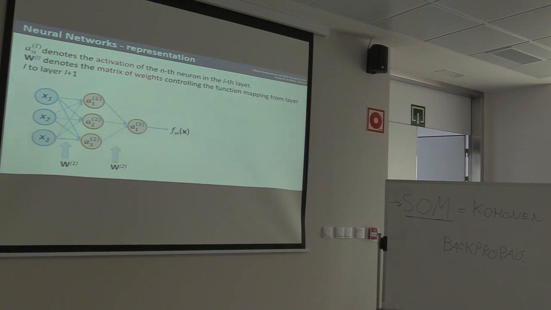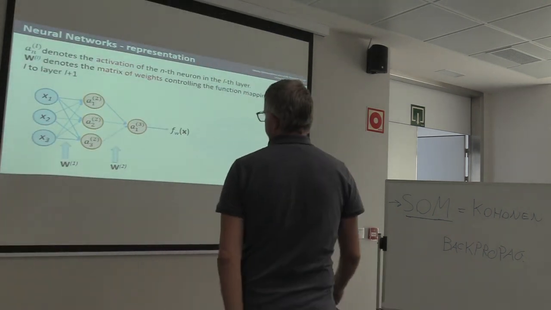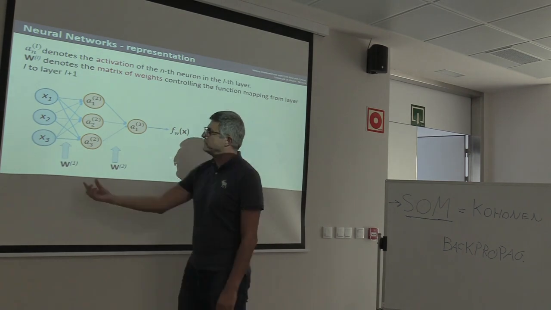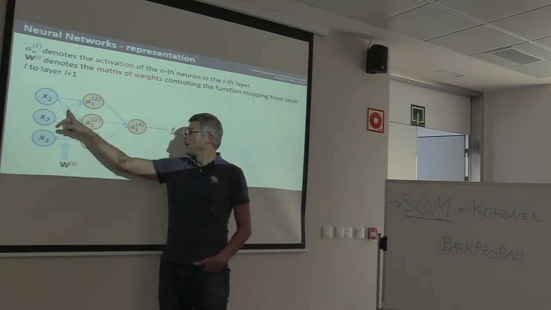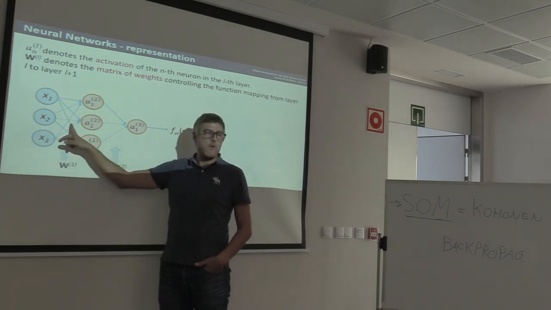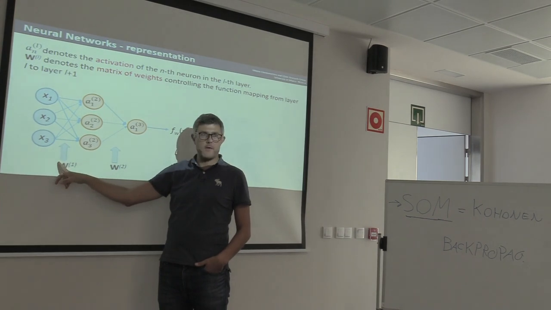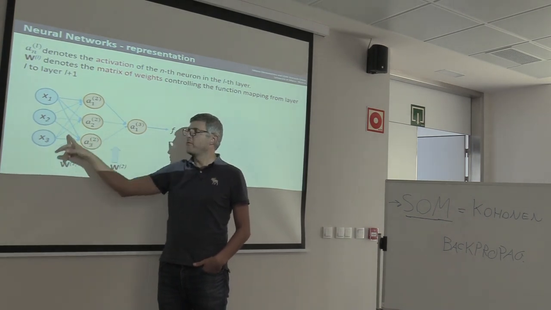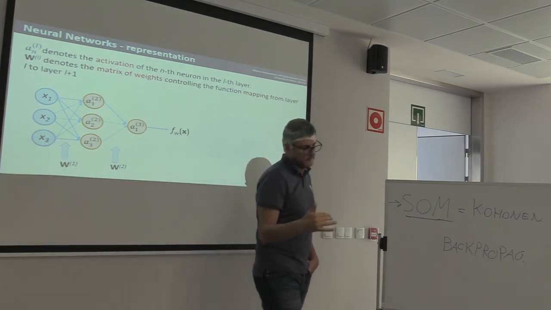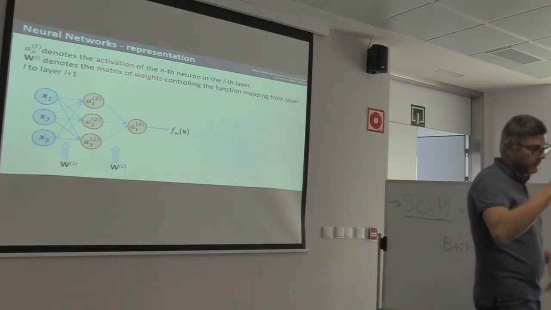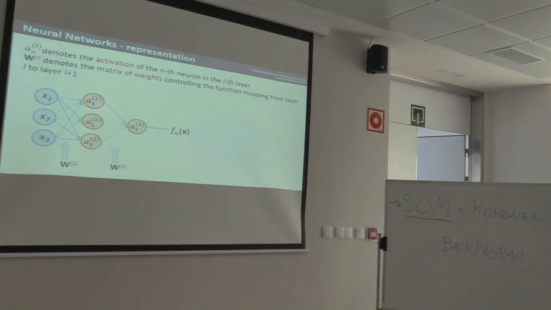Which means that here we need a weight for each arrow, to control the information. So here we will have some weights, which define how the information goes from the input layer to the hidden layer.